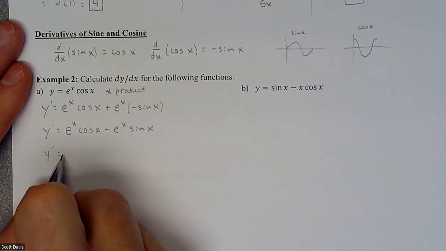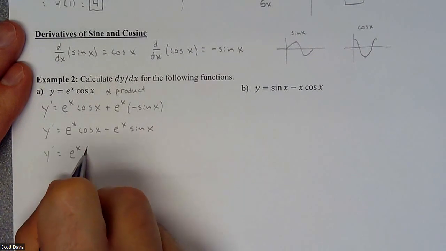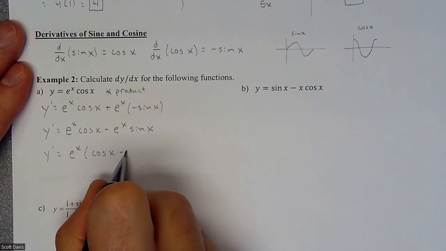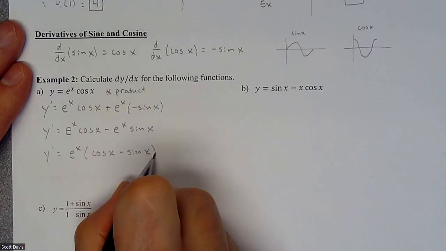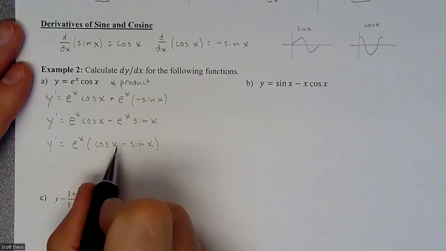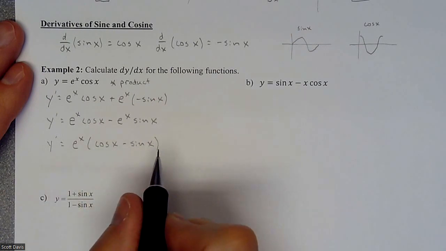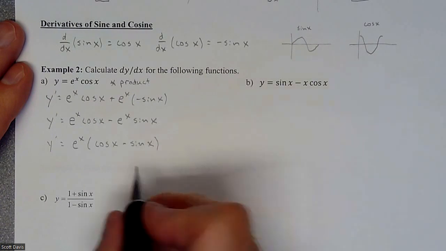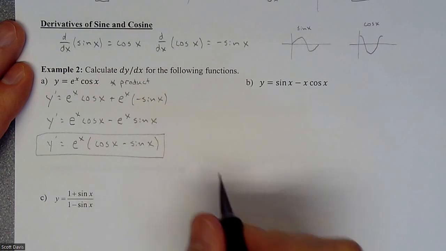So I like to get in the habit of taking this e to the x and factoring it out, and then cosine x minus sine x. Then potentially there's something else I can do with this from time to time, like combine some like terms, or especially with trig, some identity that I can replace it with, so I can take 2 terms and replace them with 1 term. Not the case on this one, but I just like to get in that good habit of factoring out an e to the x.